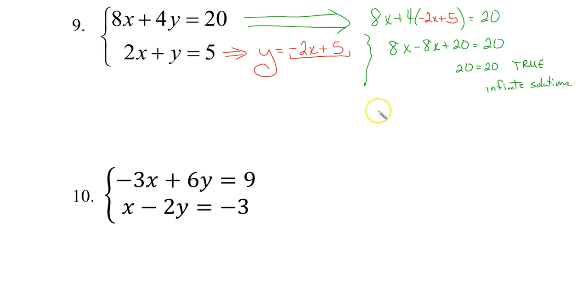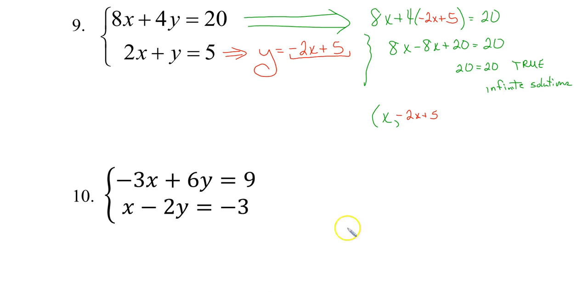A general solution is going to be an ordered pair. If one of our equations is solved for one of the variables, then this is typically the way we're going to write this. So for our general solution, we'll use the variable x, and then in place of y, we'll simply write negative 2x plus 5.